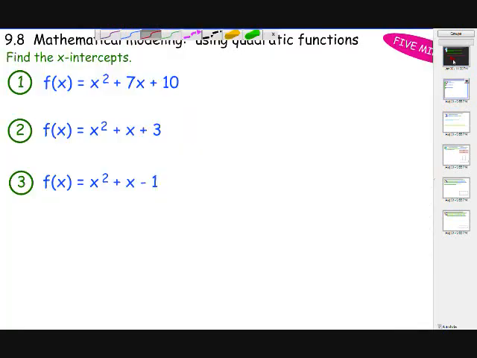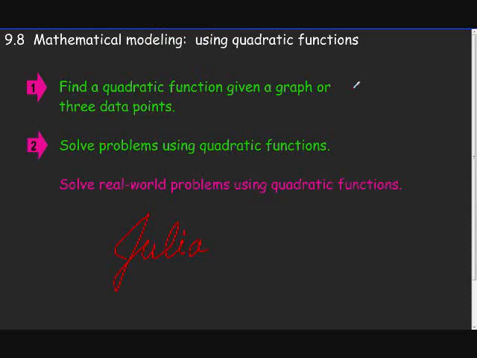Why don't I talk for a minute about what we're going to do here? We'll find, just given 3 data points, so 3 pairs, x sub 1 and y sub 1, so we'll have 1 point, and then we'll have another point, and if we have a third point, and we know that these points all lie on a parabola, then we can use those 3 points to figure out what the quadratic function is.